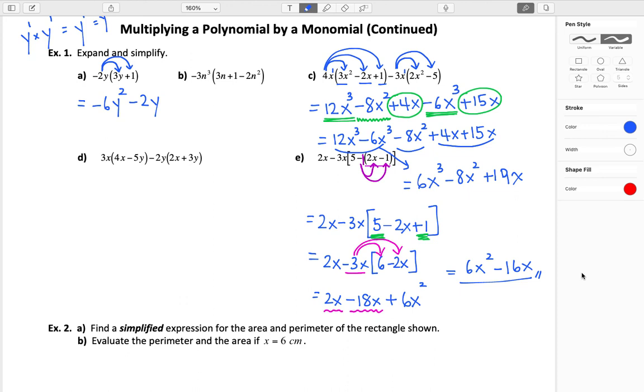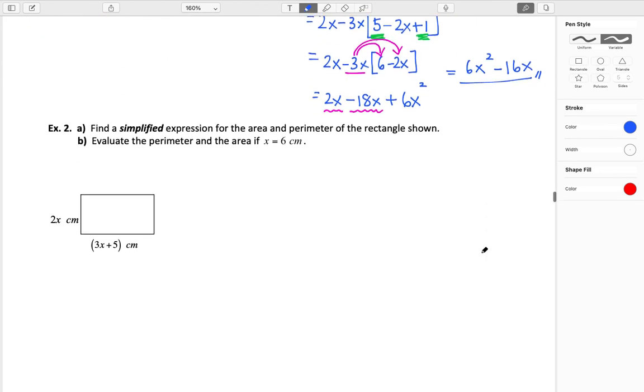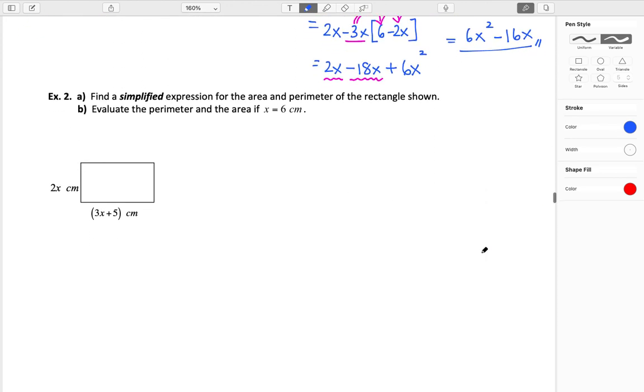Okay, so the final question is sort of like a word problem. Example 2 says: find a simplified expression for the area and the perimeter of the rectangle shown below. We know that the perimeter of a rectangle is length plus width, assuming that this is length and this is width.